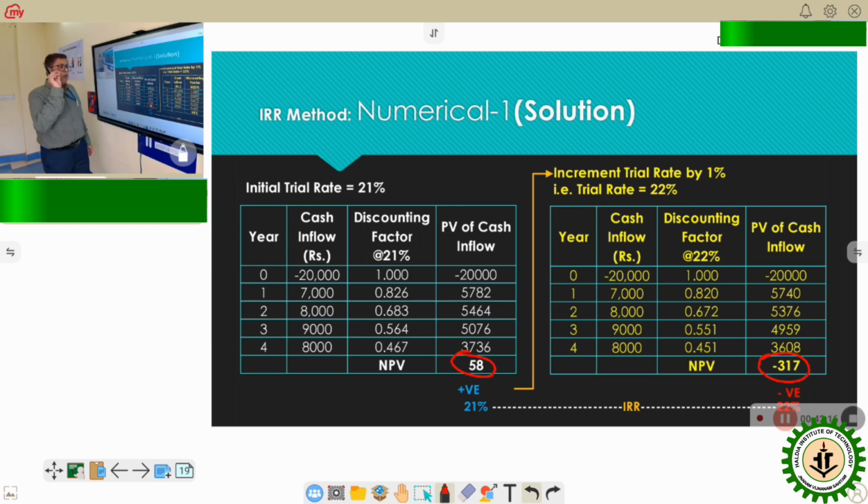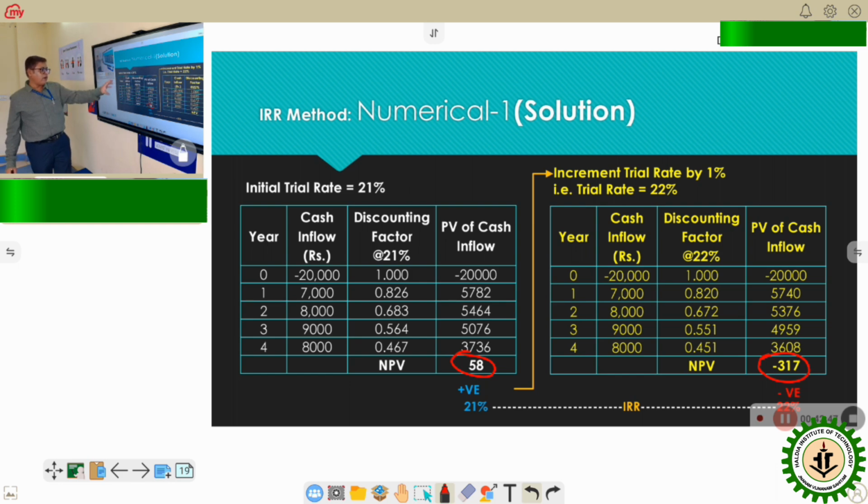The smaller the difference between the higher and lower trial rate, the more precise is the result of IRR. Here, with a 1% increment, we get a positive NPV and a negative NPV. So we shall consider 21% to be the lower trial rate and 22% to be the higher trial rate, and then we apply the method of interpolation.